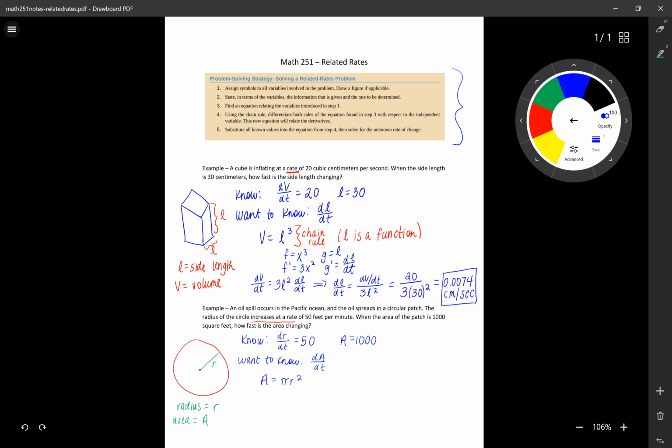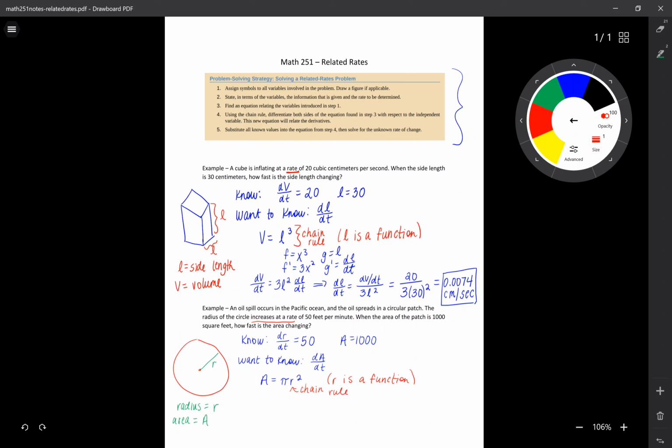Remember that r is a function here. So when I take the derivative here, as I need to do since I have a bunch of derivatives that I know, I need to be sure to treat r as a function and not a variable. That means that I will, of course, have to use the chain rule on r squared.